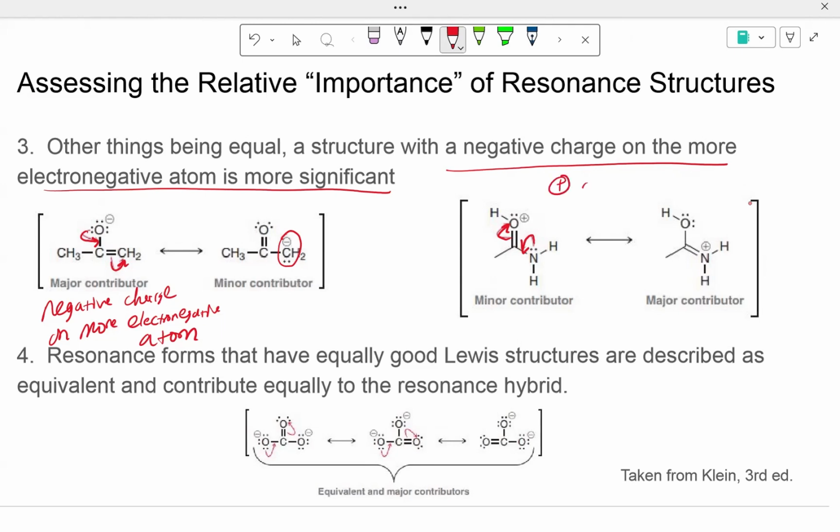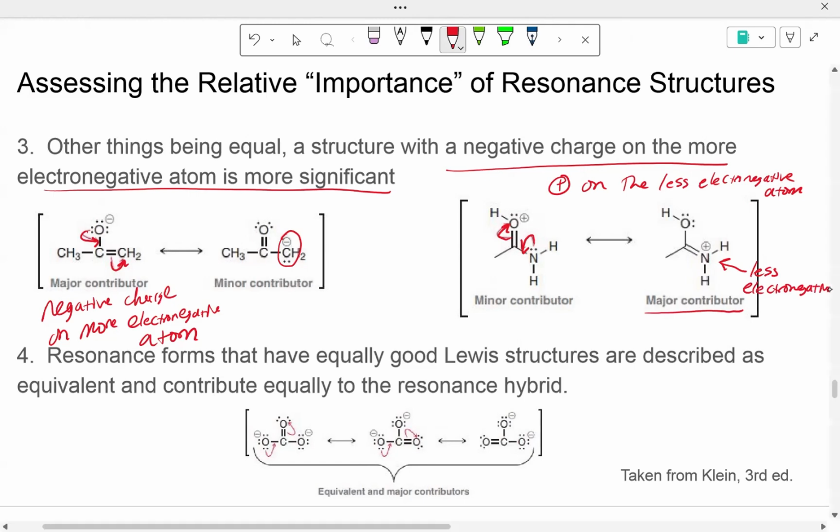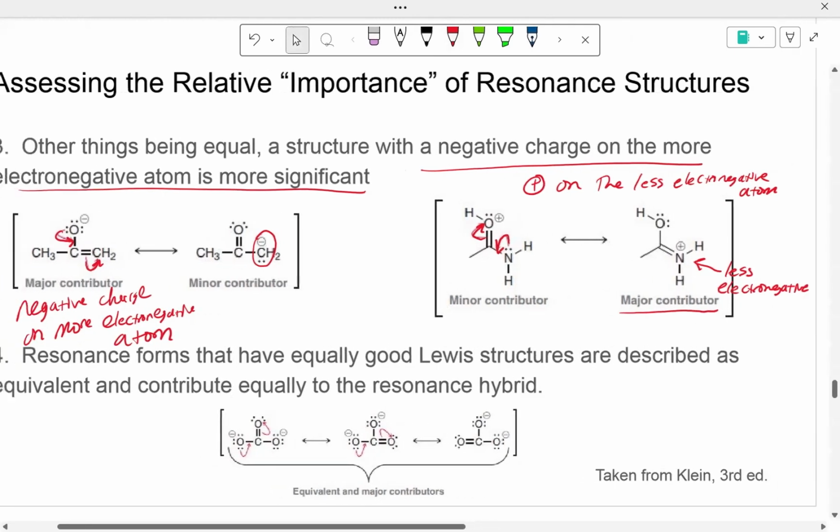So plus charges go on the less electronegative atom. So that's why the one on the right is the major contributor, because nitrogen is less electronegative than oxygen. So that's where we want the plus charge.